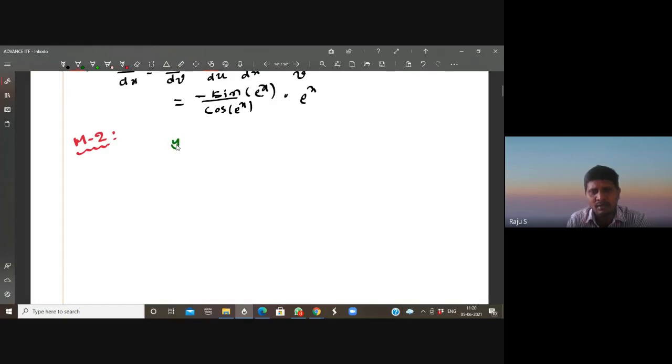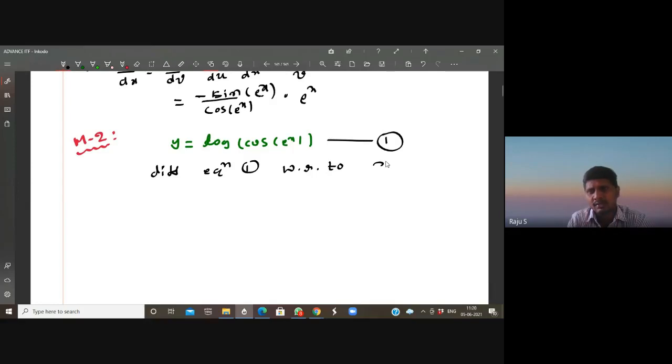So y is equal to log of cos of e power x. Okay students, right now I want to differentiate. Let us take this as equation 1. Write the same, and differentiate equation 1 with respect to x on both sides.